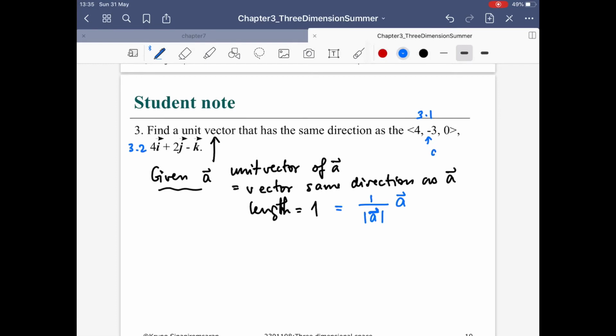So let's say that this is your A. You want to find a unit vector that has the same direction as 4, negative 3, 0.